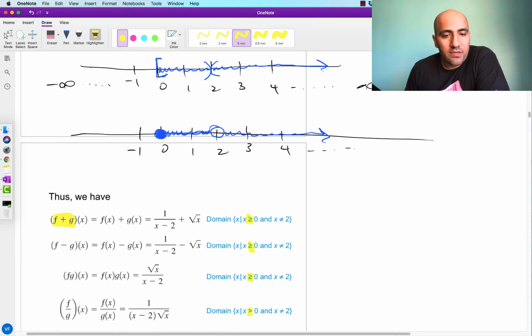So there's a new function. Here's a description of the function, and here's its domain. Here's a new function, and this is where it comes from. This is how it's defined, and then this is the function. Here's the new function, and here's a new function, right? So just don't lose track of the fact that this style of notation is indicating that this is a new function. This is the name of our function.